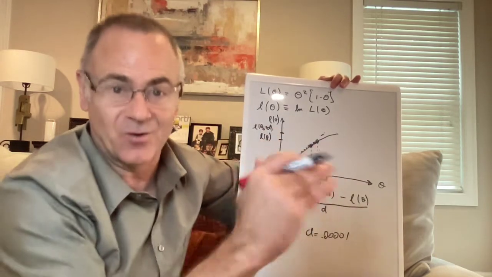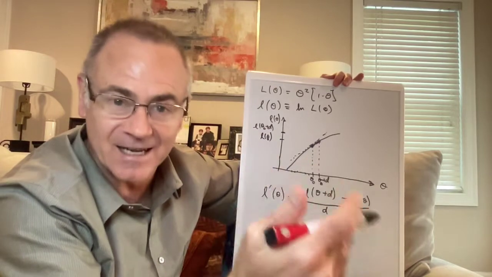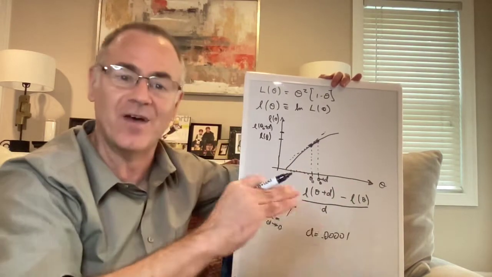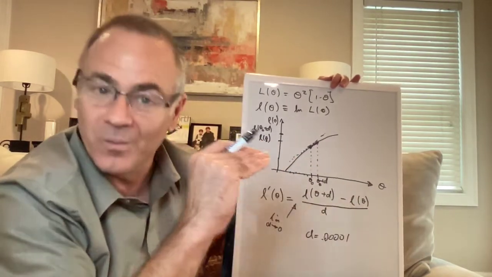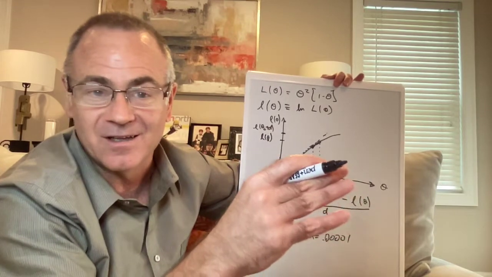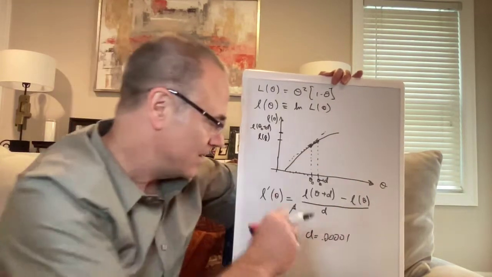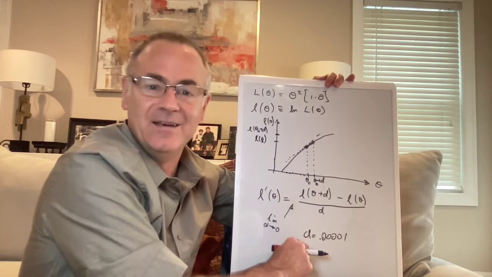The ratio of its representation to the true value will be farther away from 1 the smaller you pick d to be.